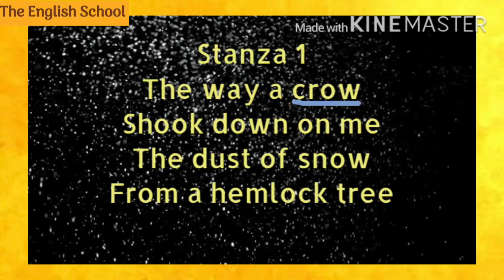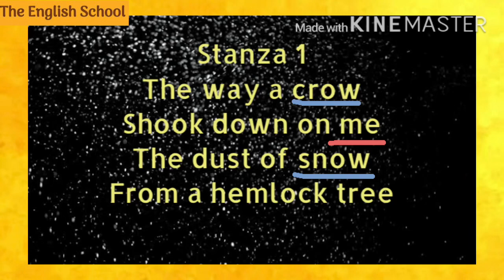The last word of the first line is crow. So let's write A here. The last word of the second line is me. Me does not rhyme with crow, so let's mark it B. The last word of the third line is snow, which clearly rhymes with crow.